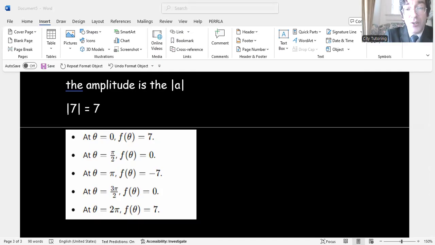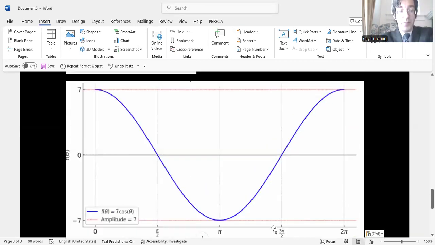So if you were to sketch this, I would imagine they allow you to use a graphing utility. I used a computer for this, but it looks something like this.